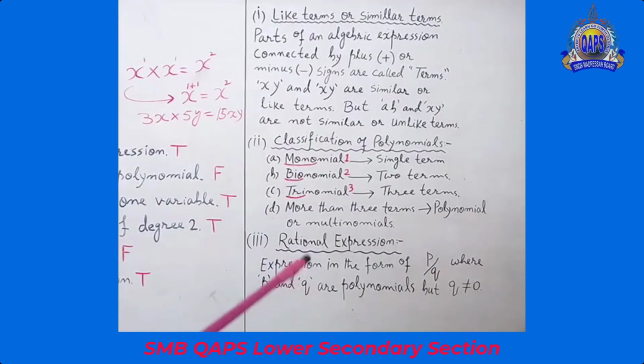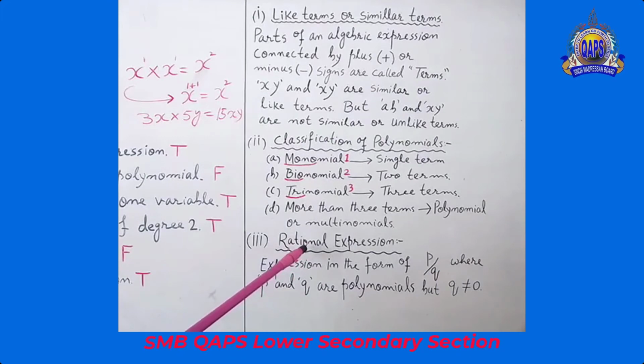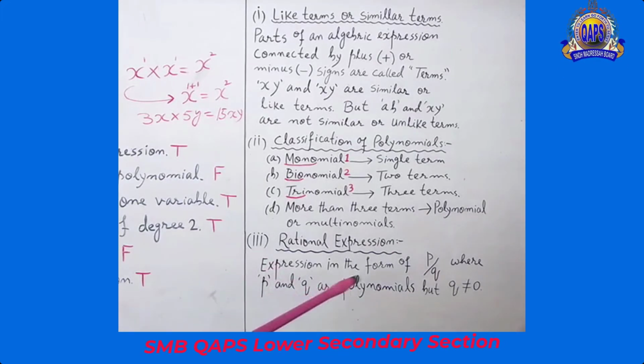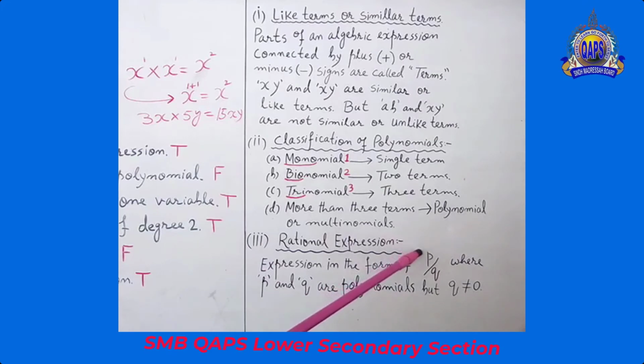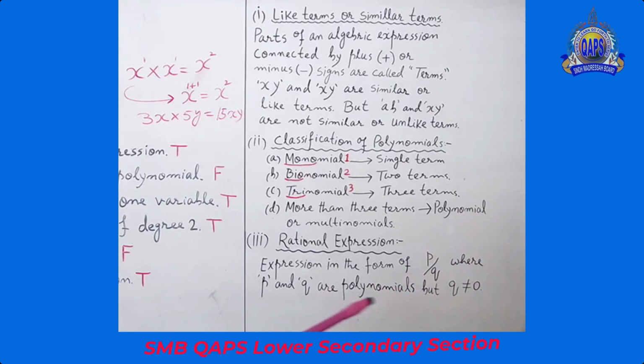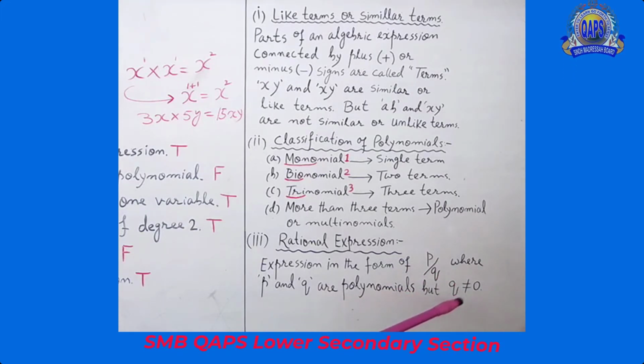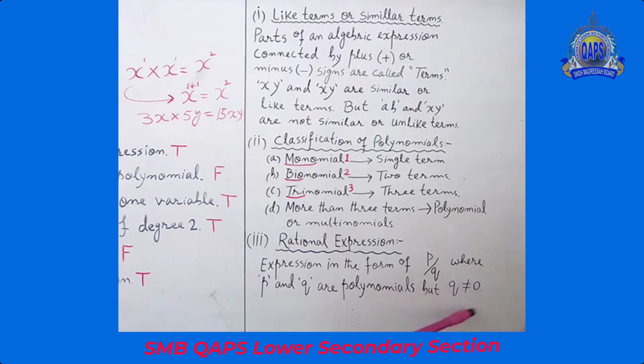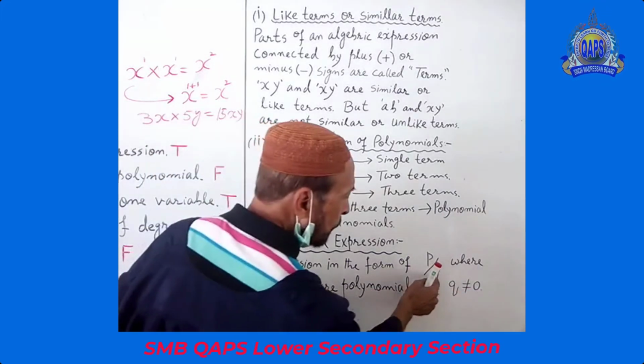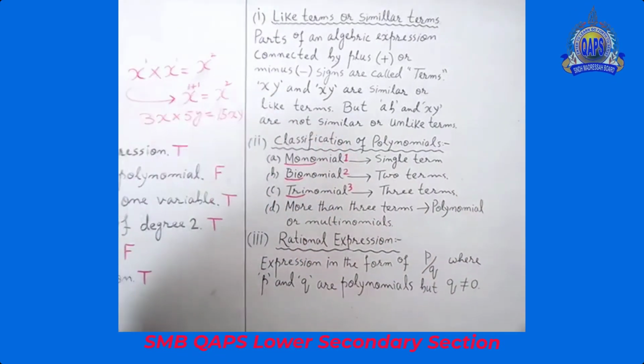Okay, now, what are rational expressions? Pay your attention. Expression in the form of P oblique Q, where P and Q are polynomials, but Q is not equal to 0. This value should not be 0.